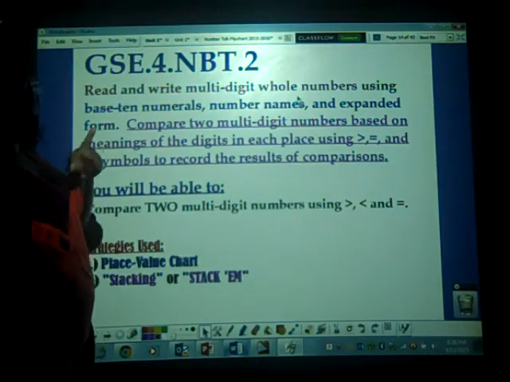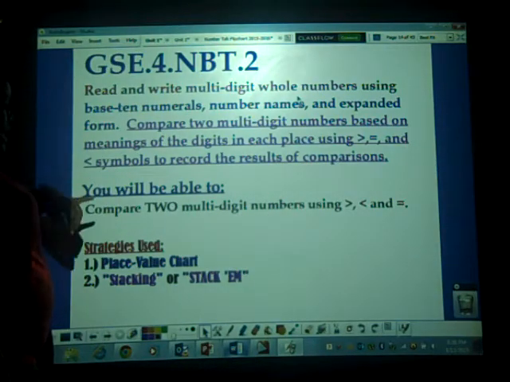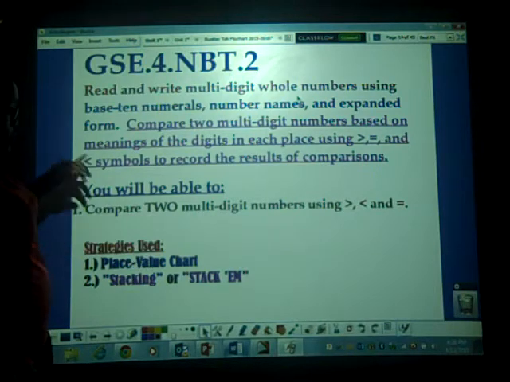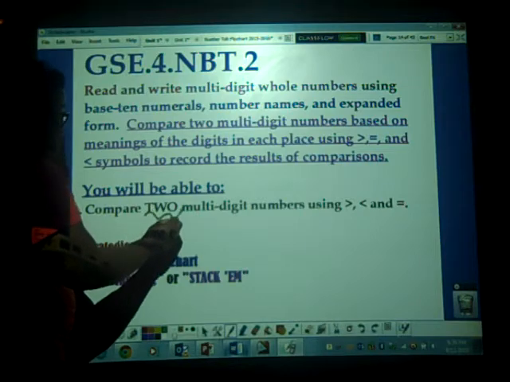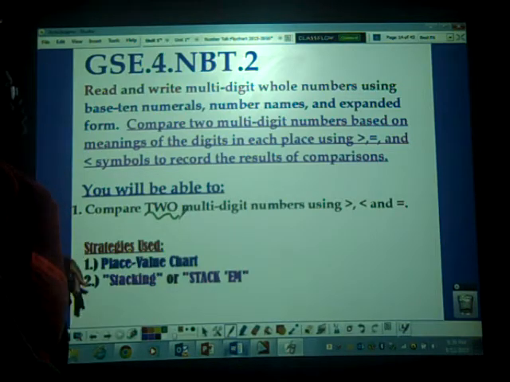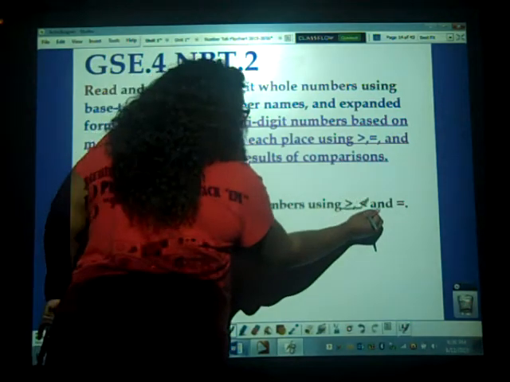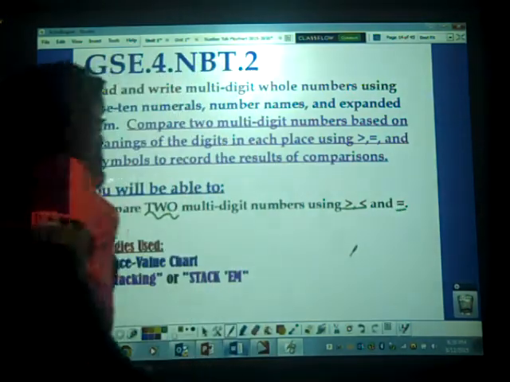So, in this video, you should be able to, at the end, compare two multi-digit numbers using these symbols, okay?